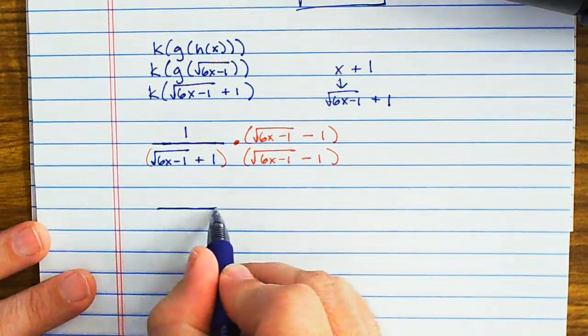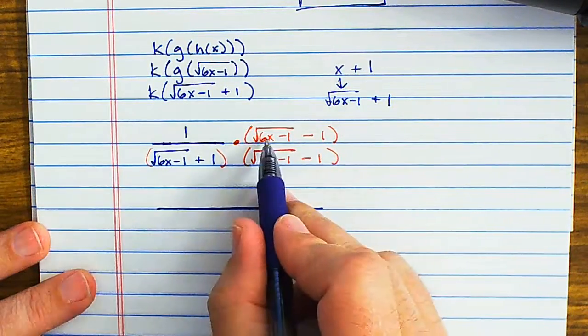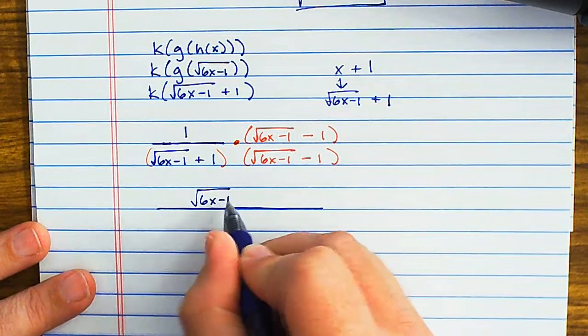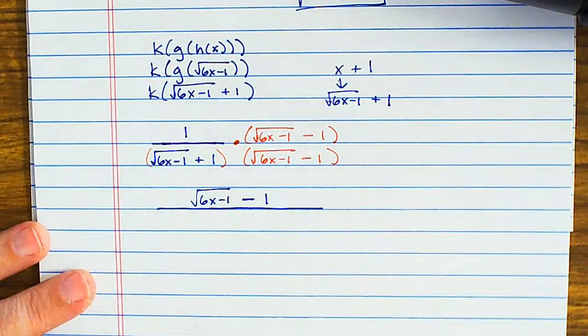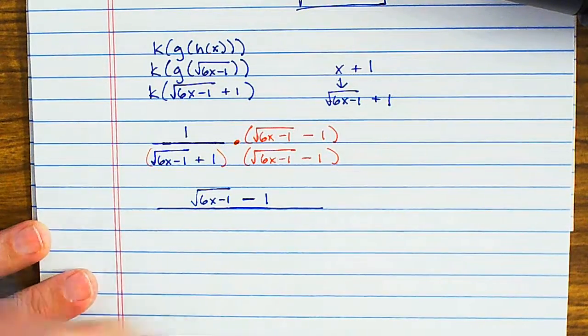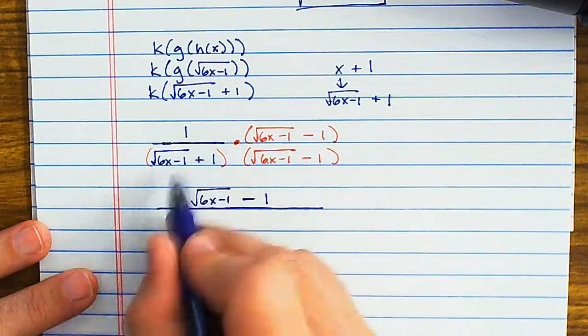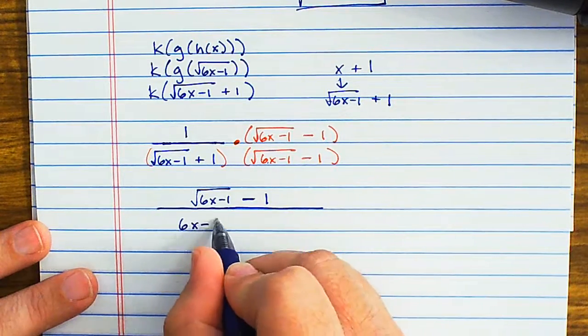So, pretty easy. 1 times all of that. Anything times 1 is itself. So on top, we're going to have radical 6x minus 1 minus 1 still, just like that. But on the bottom, radical 6x minus 1 times radical 6x minus 1 gets rid of the radical, which is just 6x minus 1.